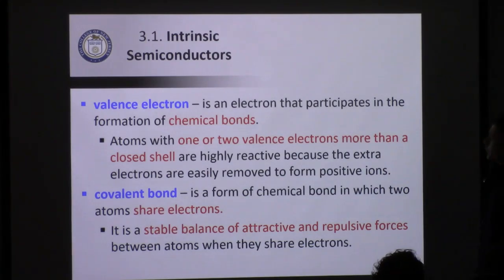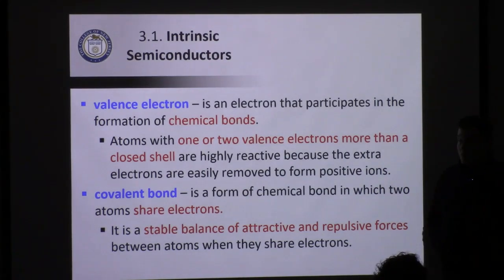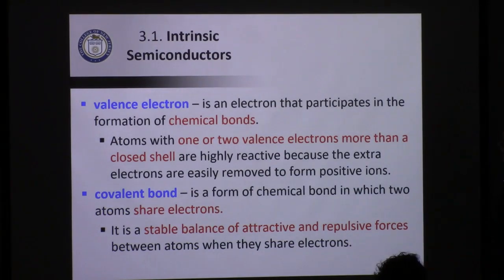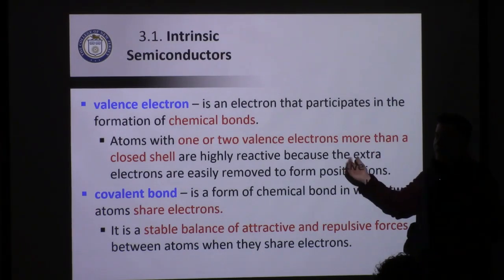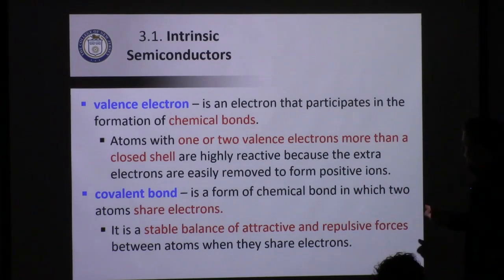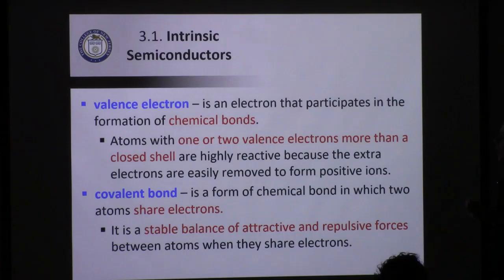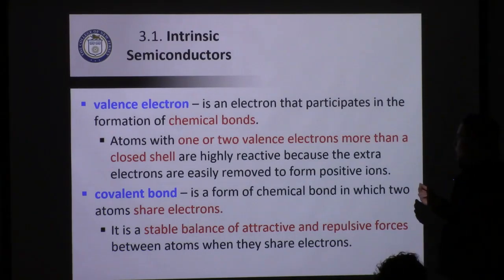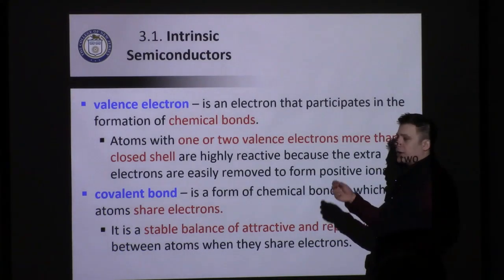Atoms with one or two valence electrons more than a closed shell or fewer than a closed shell are highly reactive because the extra electrons are easily removed to form positive ions, and on the other side of the coin, easily form negative ions. A covalent bond is a form of chemical bond in which two atoms share electrons.